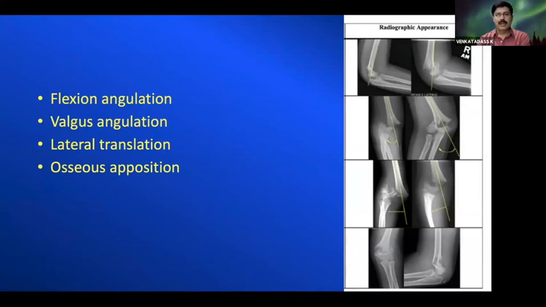Valgus angulation, lateral translation. You can see in this picture, the third picture is a complete lateral translation, or osseous opposition. So whenever you see these 4 radiological parameters in a supracondylar fracture, you should have a warning bell that it could be a type 4 supracondylar fracture, which is potentially more unstable, and it could be challenging to reduce and fix.